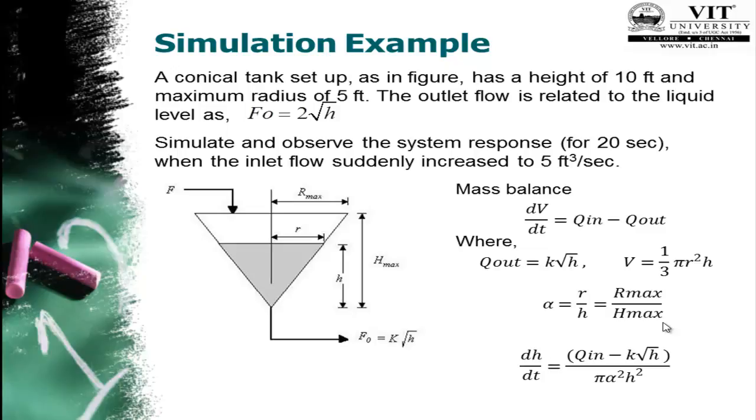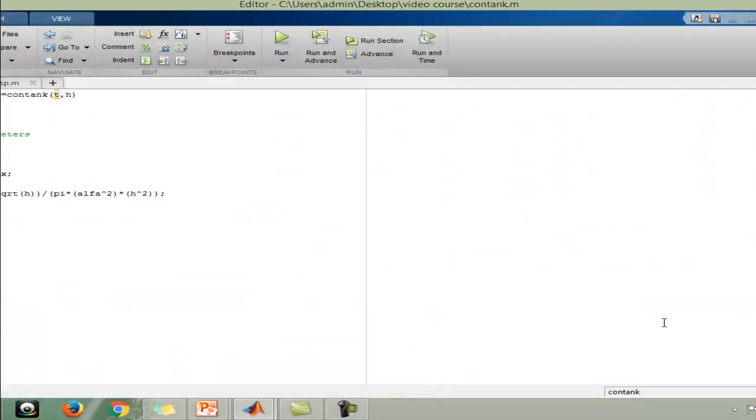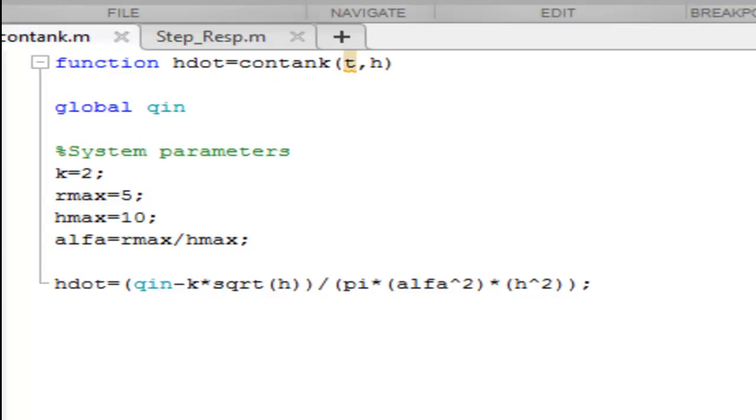Now we'll see how to simulate this using MATLAB. I have already written these model equations. I'm writing a function for h dot with the name contank, where we are declaring qin, the inlet flow rate, globally, and this function is going to take time and h, the process variable.